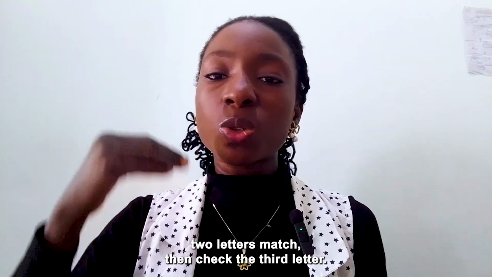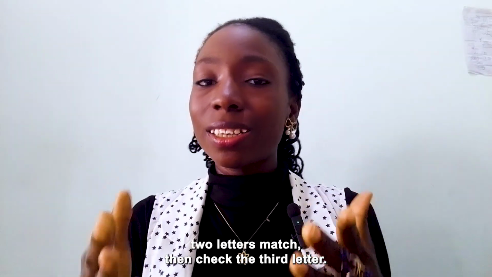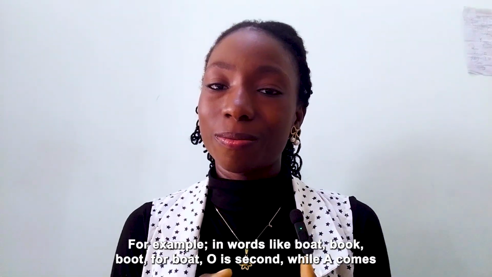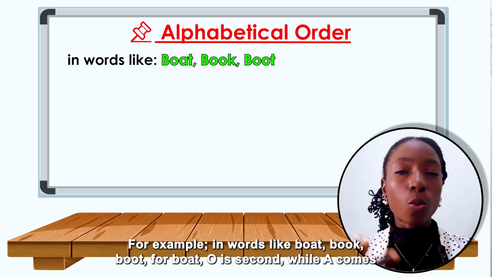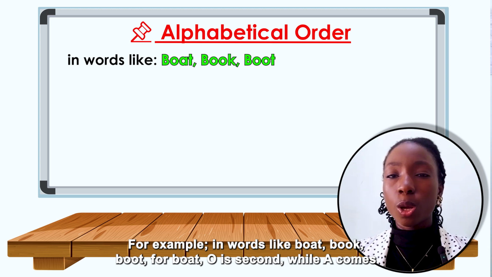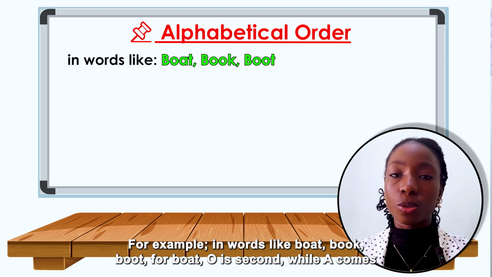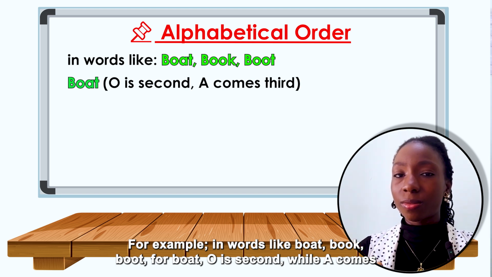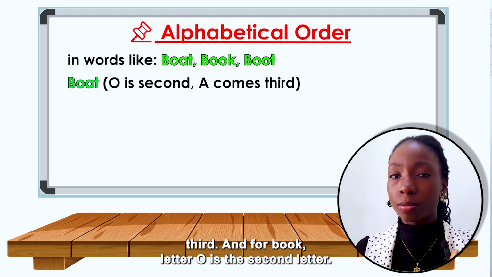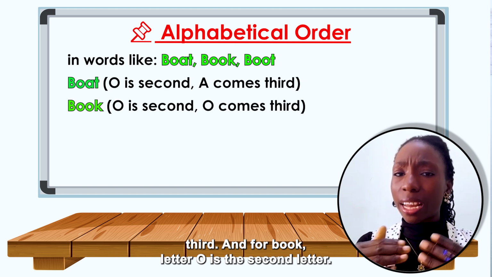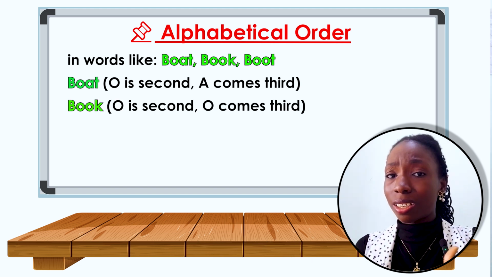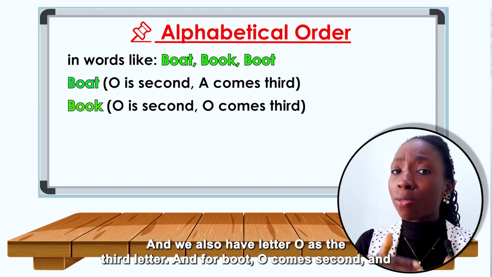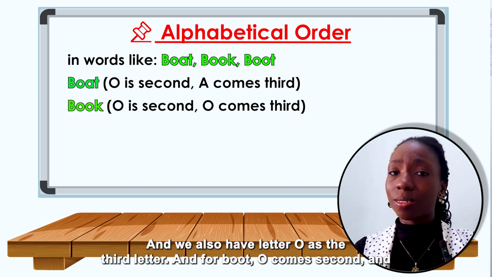Therefore, if the first two letters match, then check the third letter. For example, in words like boat, book, boot. For boat, O is second, while A comes third. And for book, letter O is still the second letter, and we also have letter O as the third letter.